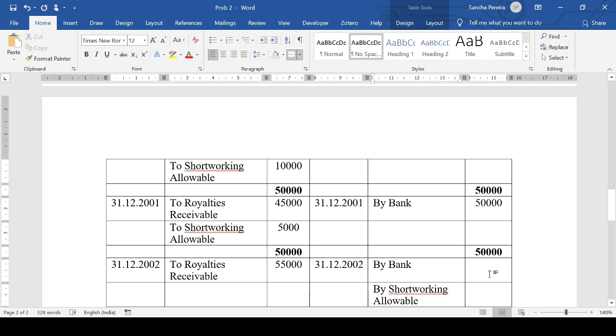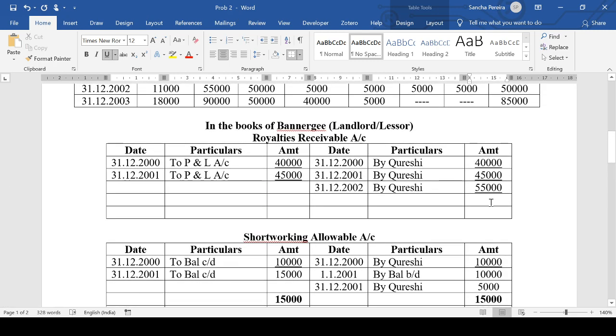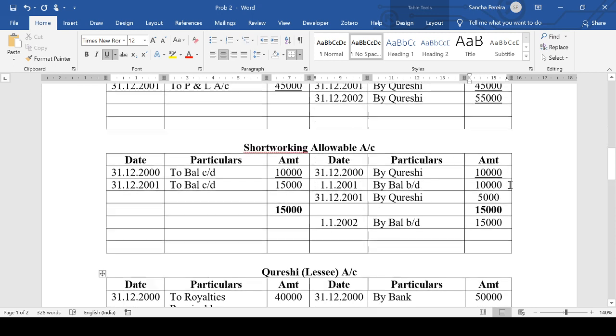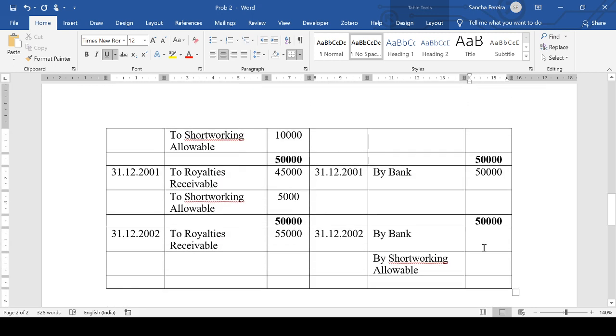How much has Qureshi received? Check. How much? Qureshi has received 50. Okay, even though the total royalty was 55, he has received 50.